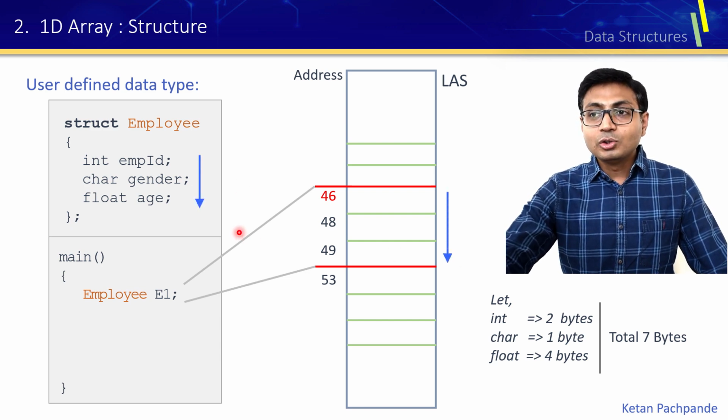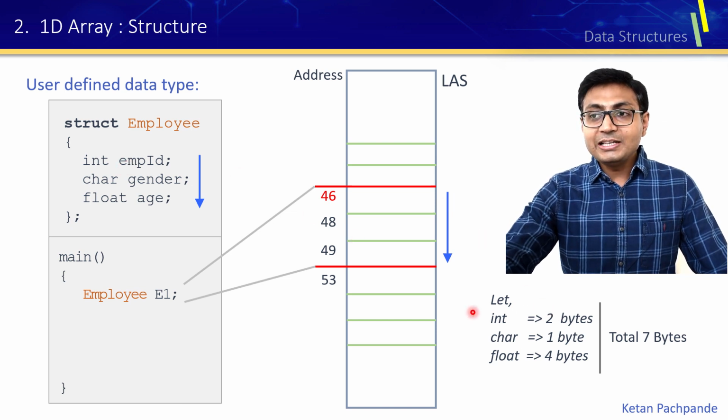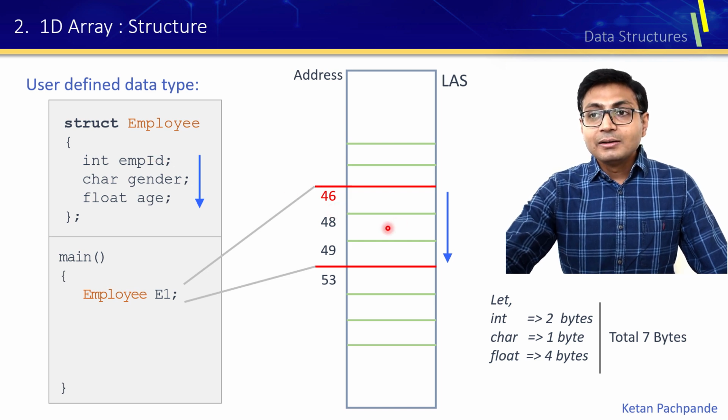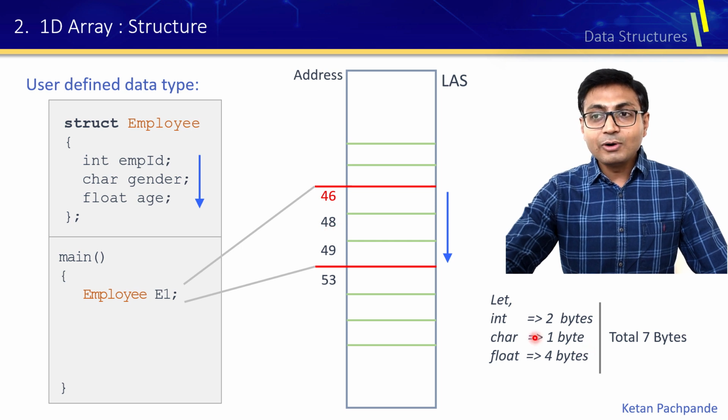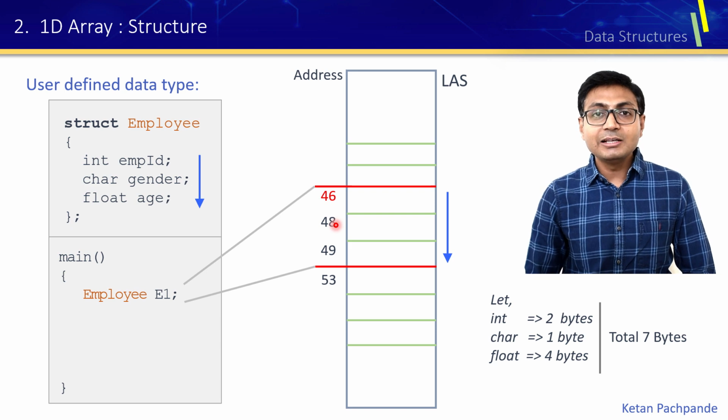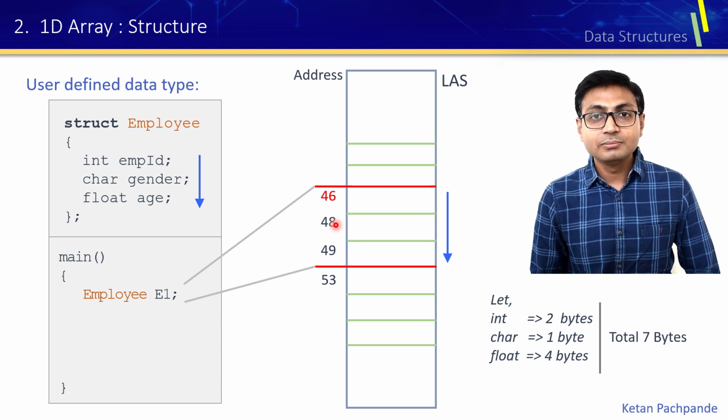First, the employee ID is an integer, and an integer takes 2 bytes. So addresses 46 and 47 constitute the first variable, employee ID. The next address is 48. A character is 1 byte, so only at address 48 will the gender information be stored.